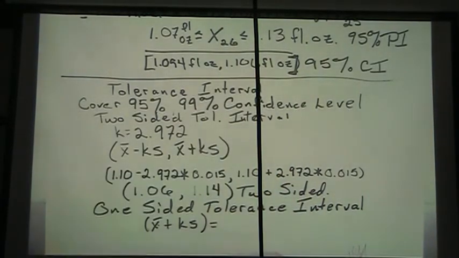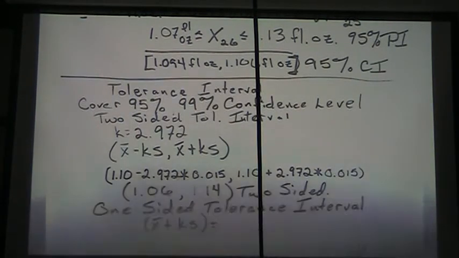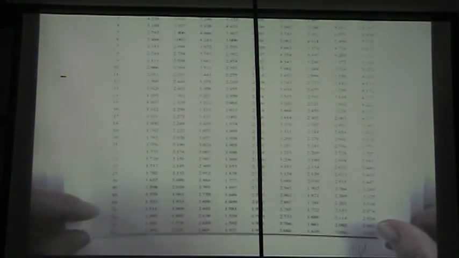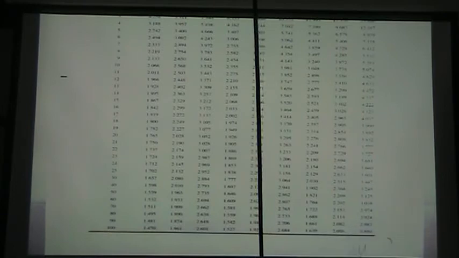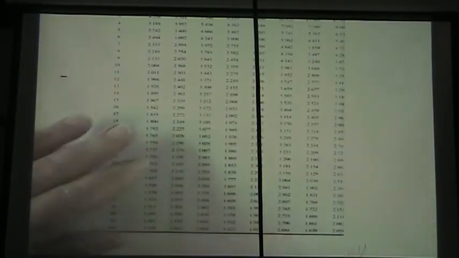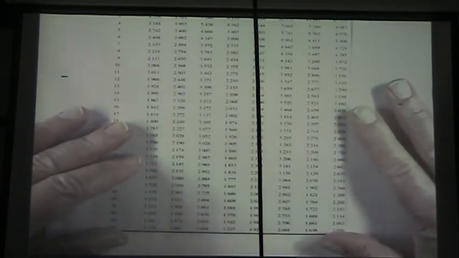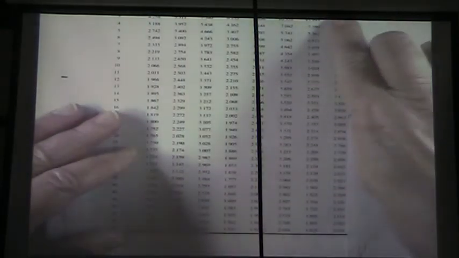And that is, well, first of all, we have to find our K. Now this time I have to use my one-sided interval sheet. I'm going to work on the assumption we're working to the same standard, so my 99% confidence level and 95% coverage.